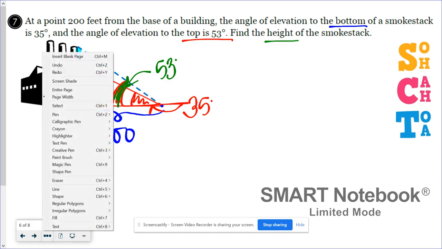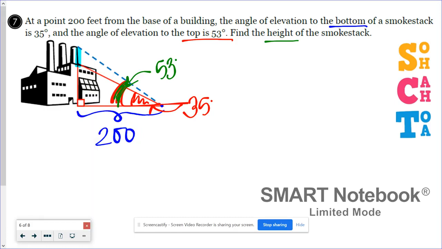So what I notice is that that's just part of the total height. The total height being from the very top of the smokestack to the bottom of the building. I'm going to call it big H, total height. That little blue piece is just part of that.